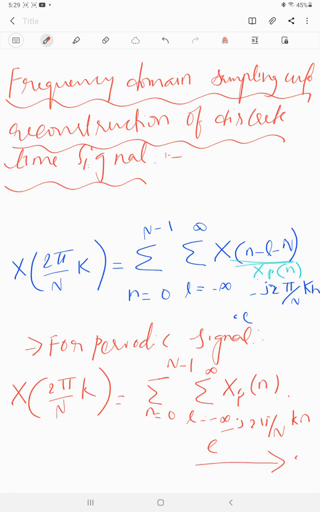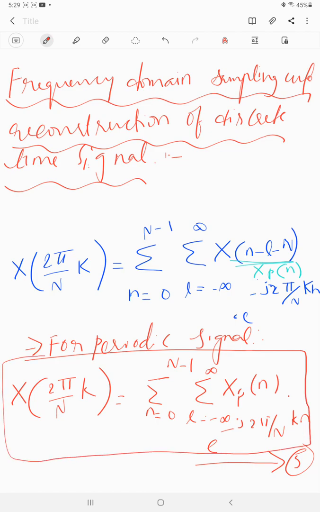This is equation number 5. Let us call this the discrete Fourier transform equation.